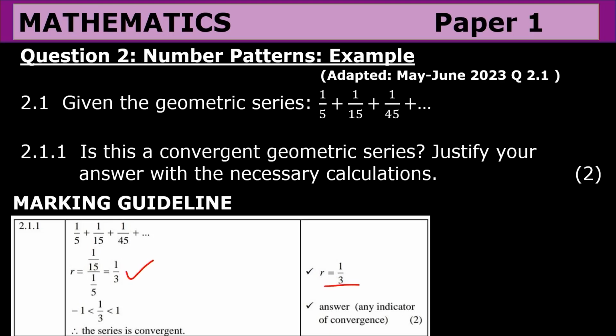So that's going to be the first mark, and any indication that this series is converging, you are going to get a mark for that as well. So the question was, is this a convergent geometric series? We need to in the end show whether it is or it's not a converging series, and that's how we answer the question fully.